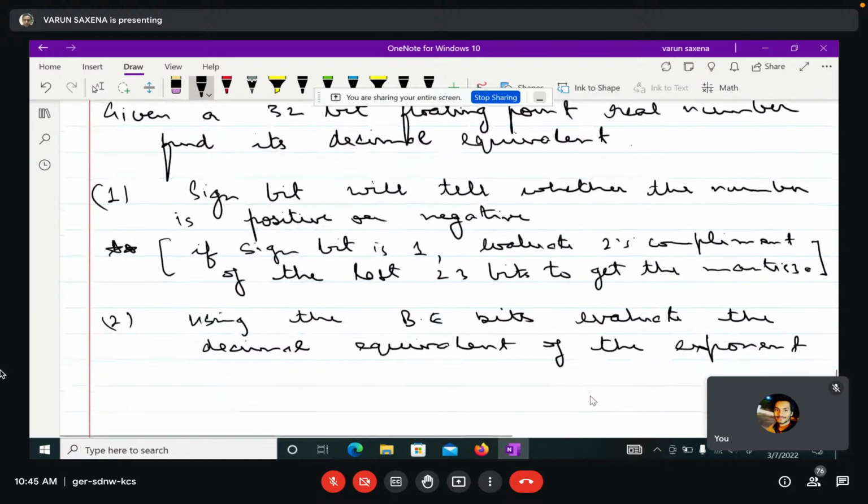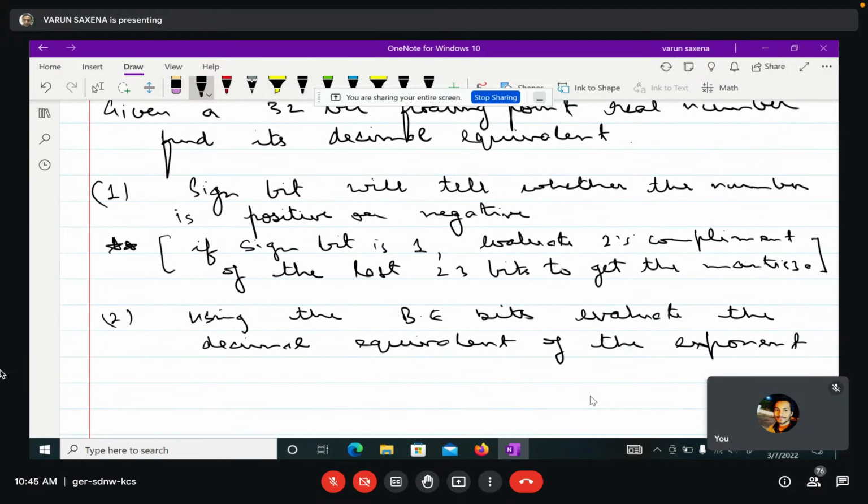So how do you actually do that? You will be given a bit pattern, and you will convert that bit pattern into a decimal number. So basically you will have something like x, x, x, x, x, x, x, x. You will convert this into some decimal number. This is for the biased exponent.